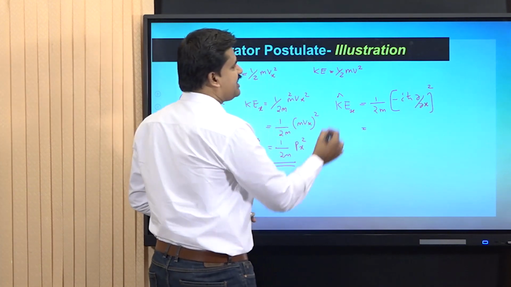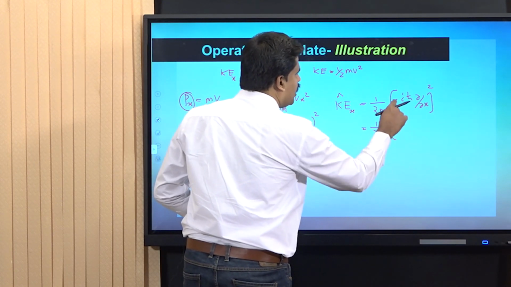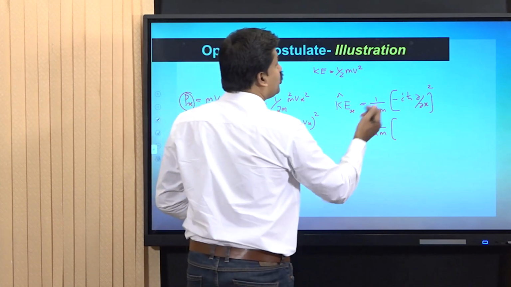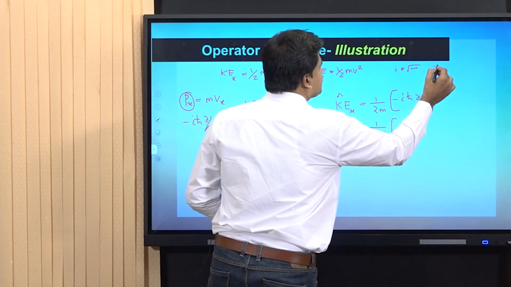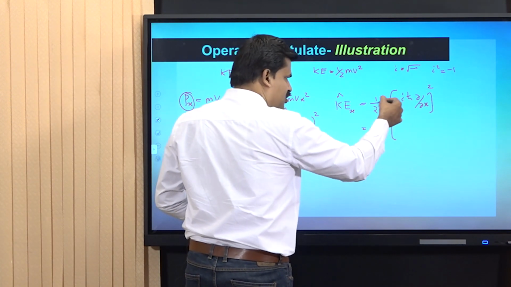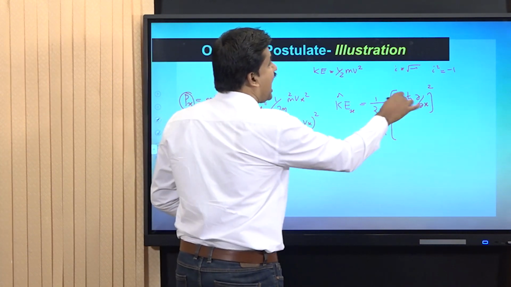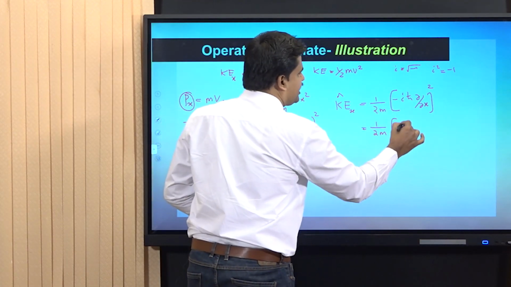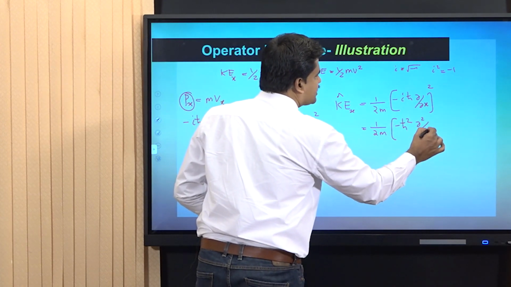So, the kinetic energy operator is 1 by 2m into minus i h cross dou by dou x the whole square. Minus times minus is positive, but you know i is equal to root of minus 1, therefore i square is equal to minus 1. So, on squaring each term inside the bracket, minus minus changes to plus, and i square is again a minus. So, minus h cross square dou square by dou x square.